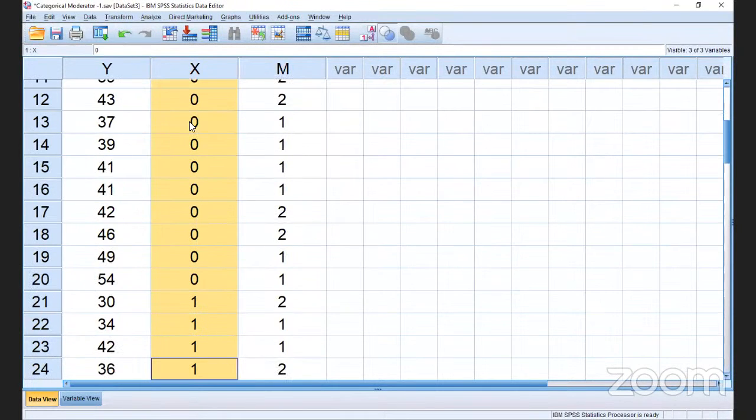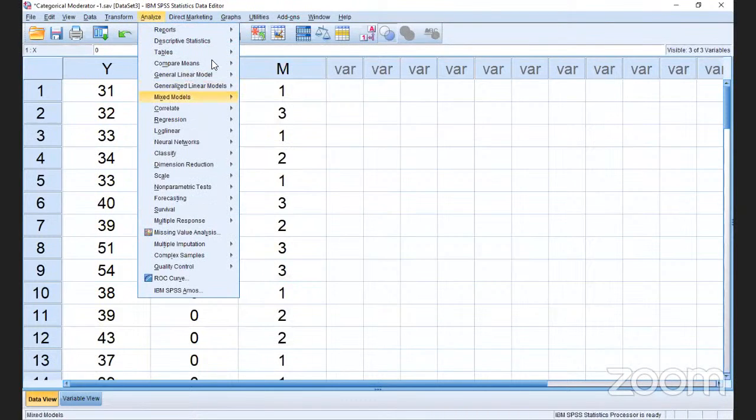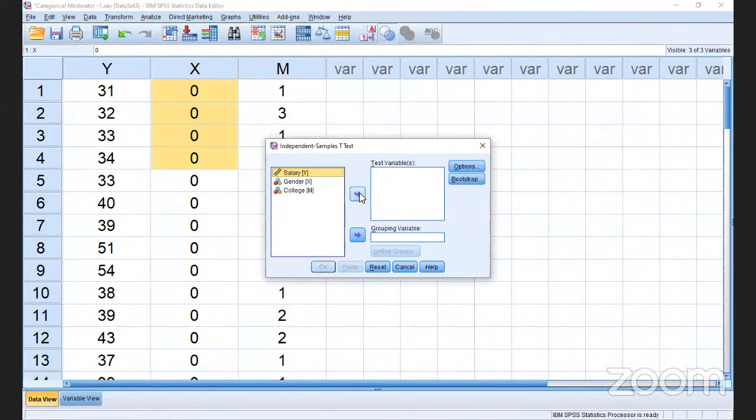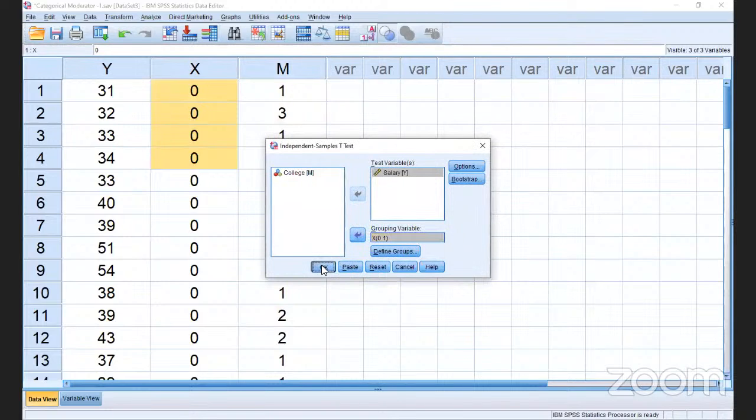So I want to check through an independent sample t-test. So analyze, compare means, independent sample t-test, salary dependent variable, gender independent variable. There are two groups, 0 and 1, and then continue, and okay.